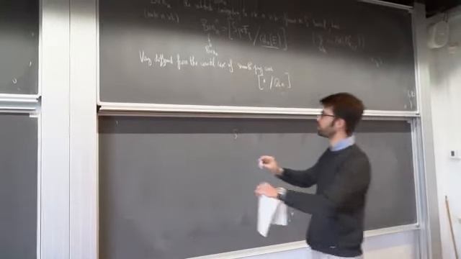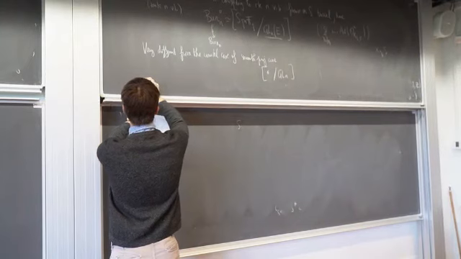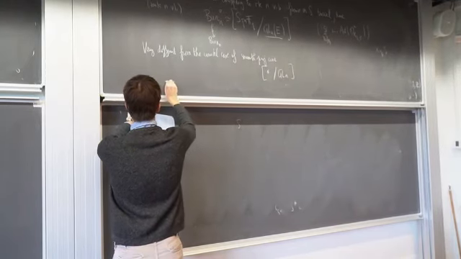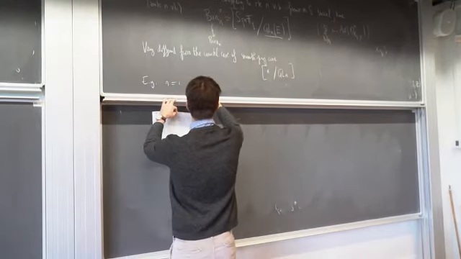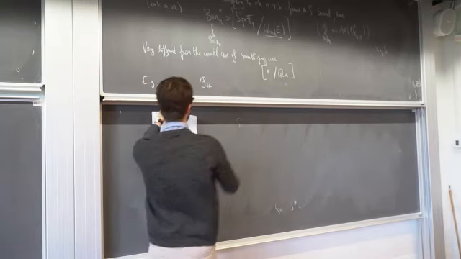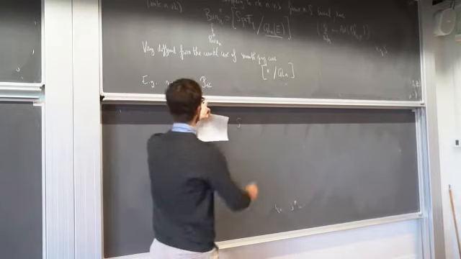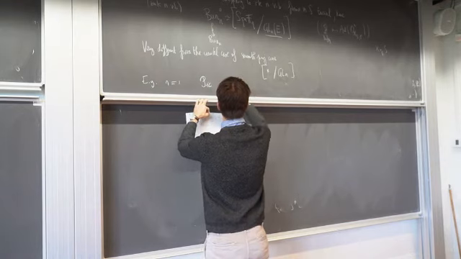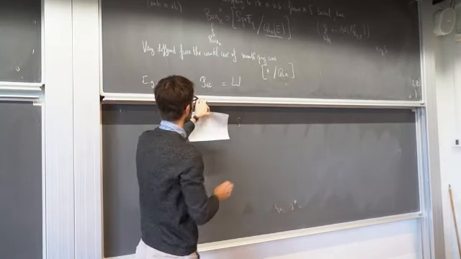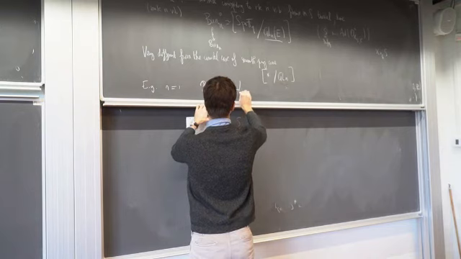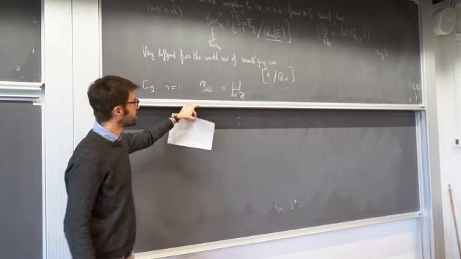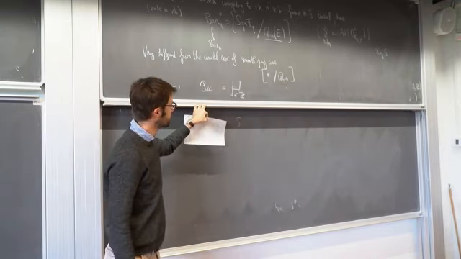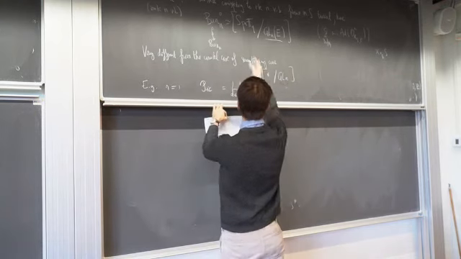And for example, a particular case, if n is 1, then Bun 1 is just the Picard stack of this curve. And then you can completely describe the structure. It's really simple. Line bundles are indexed by the degree, so this gives the decomposition into connected components.